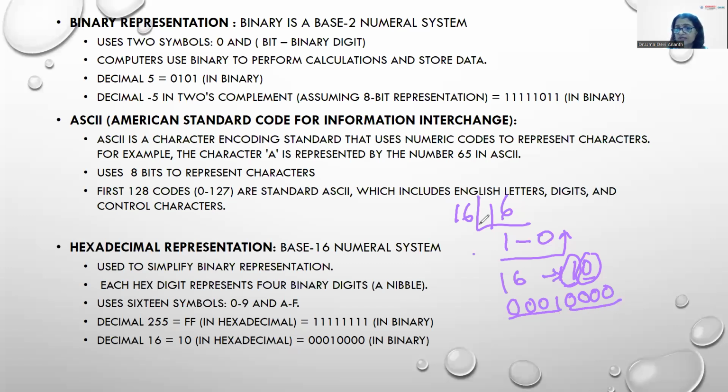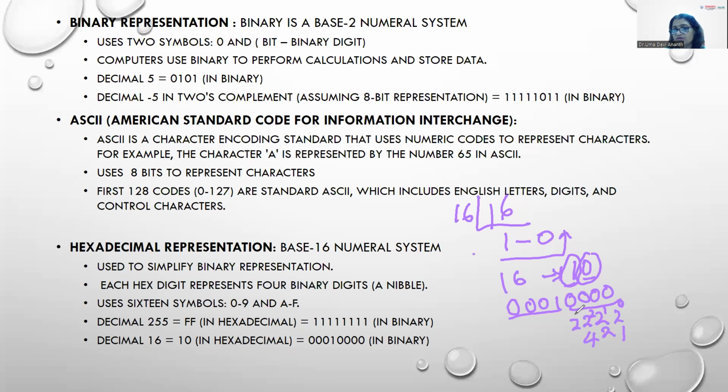So if you just look at the powers or place values of binary representation, the last one is 2 to the power of 0. That means it is 1. Then the next one is 2 to the power of 1, that means it is 2. Then the place value is 2 to the power of 2, which is 4.